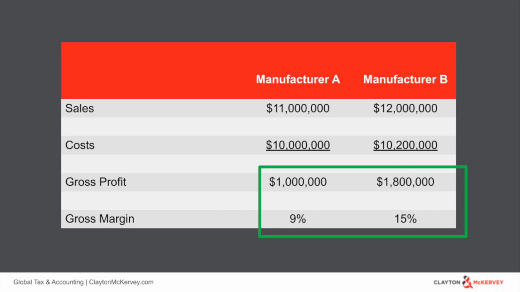Further, let's say both companies operate in the same general area, designing and building similar products. So manufacturer B, while they only have 9% more revenue, they actually have close to 80% more profit comparatively. Or looked at alternatively, the second company has an additional $800,000 in gross profit with just $1 million more in sales.